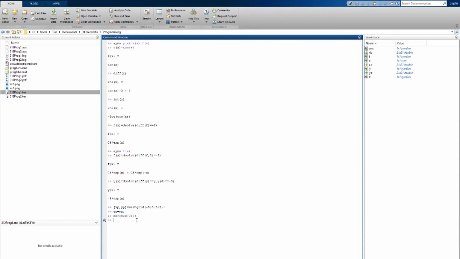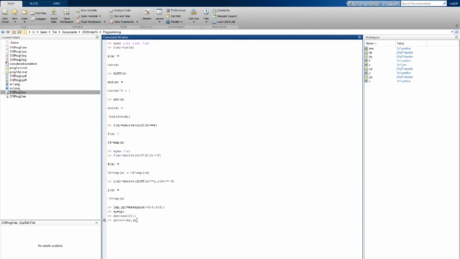So now that we have all that, we can use this quiver command to plot a directional field. And the first two inputs that we need here just need to be the x and y coordinates.